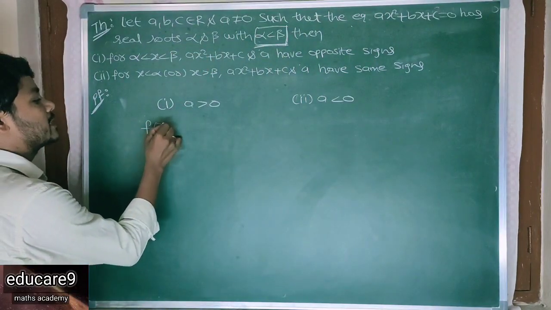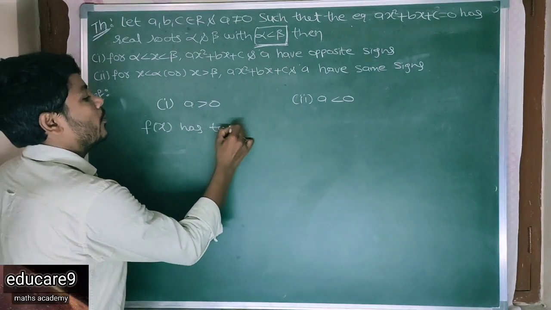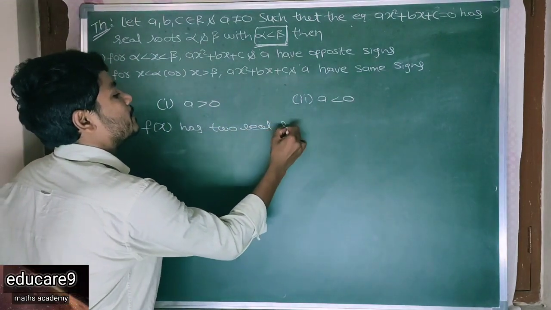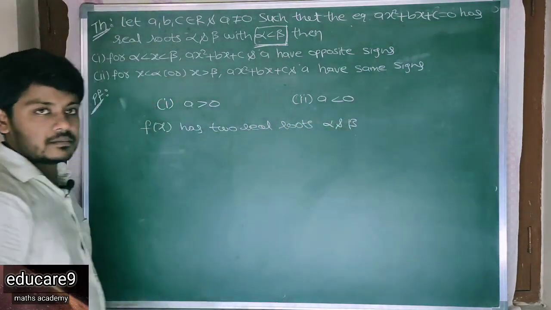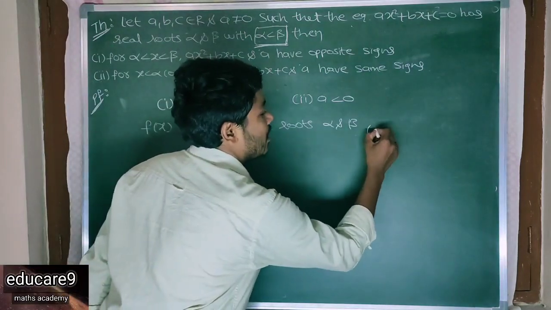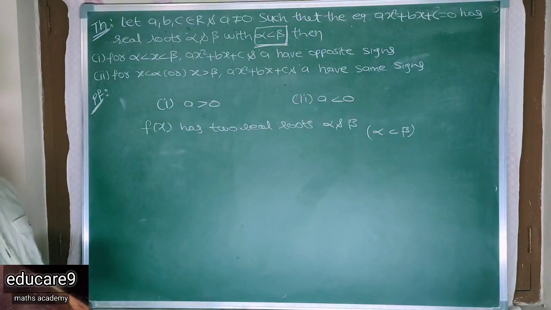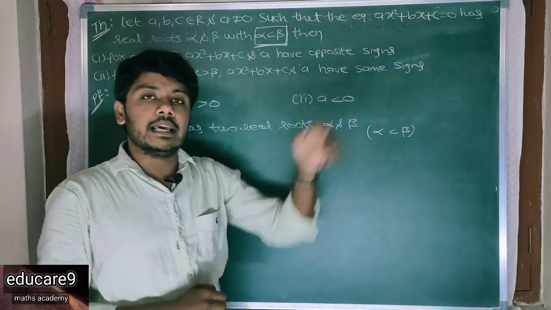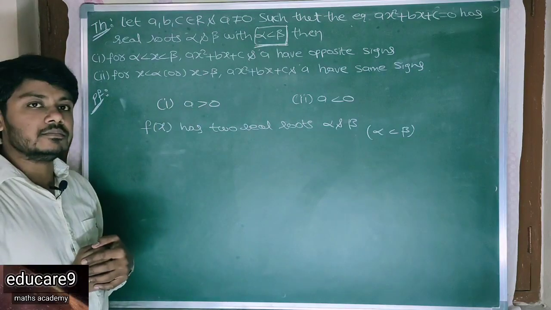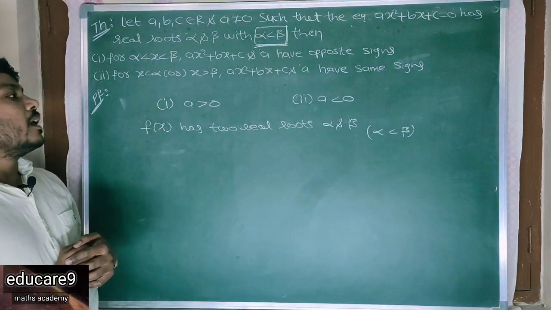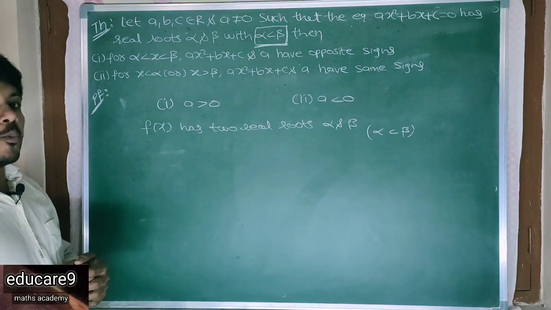And f of x has two real roots, alpha and beta, with alpha less than beta. Now draw the graph of the quadratic expression. In the first case, a is positive, so clearly the graph represents an upward parabola.